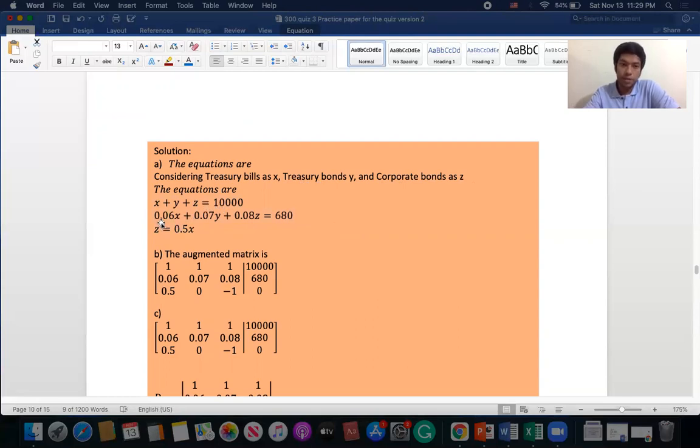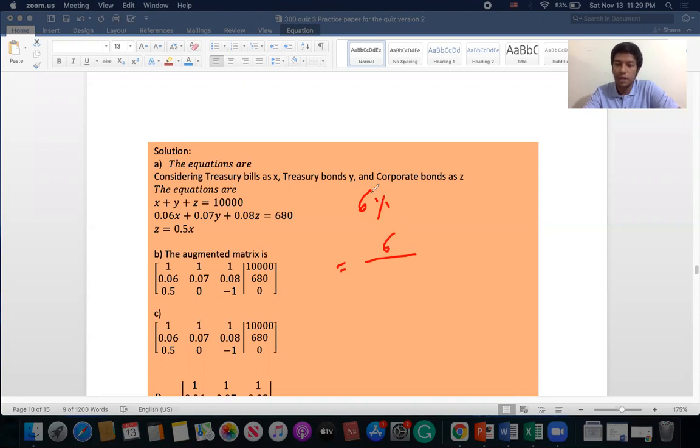Then 0.06X + 0.07Y + 0.08Z equals 680, because this is the total profit that she wants. 0.06 came from 6%. If the percent is given, to convert it to decimal, we just divide it by 100, because in the word percent, we have the 100.